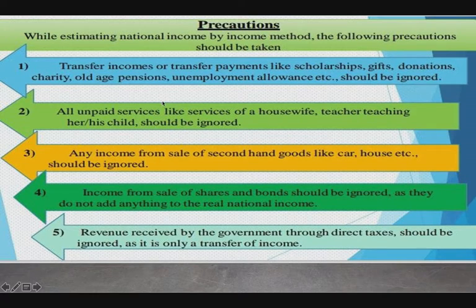So it is the income of the government which is transferred from the government to old age pensioners. Unemployment allowance also: the unemployed people do not participate in any production activity. Without participation they receive the allowance. So all these types of transfer payments should be ignored.